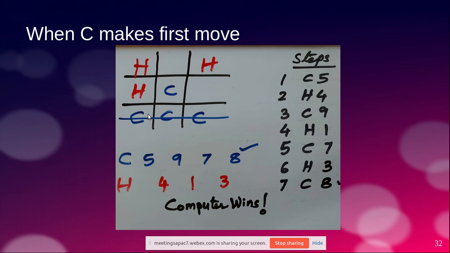One is this diagonal, C C blank, then this row, C blank C. Now it is H's turn, so H can either place here to block the computer from winning using this diagonal, or use this cell to block, but both cannot be blocked. So in this case the human tries to block cell number 3, and definitely on the seventh move the computer places its symbol in cell number 8, and this row is available, and hence the computer is declared the winner.